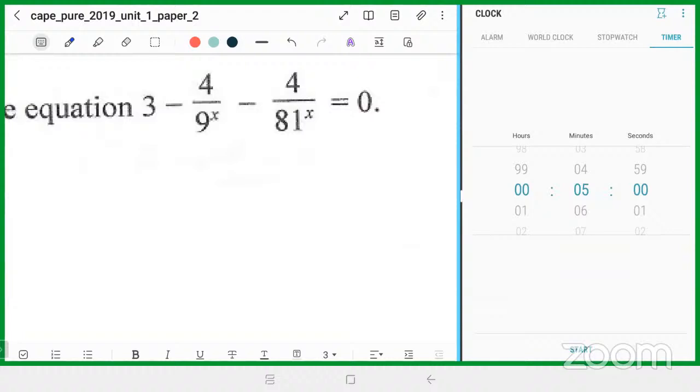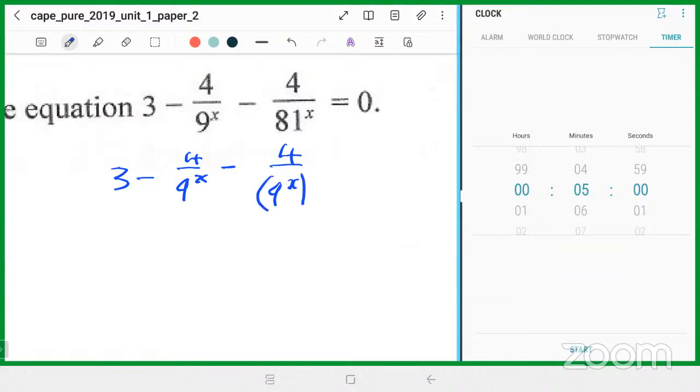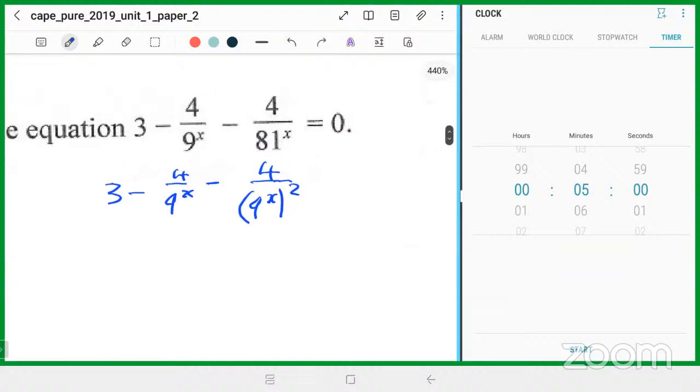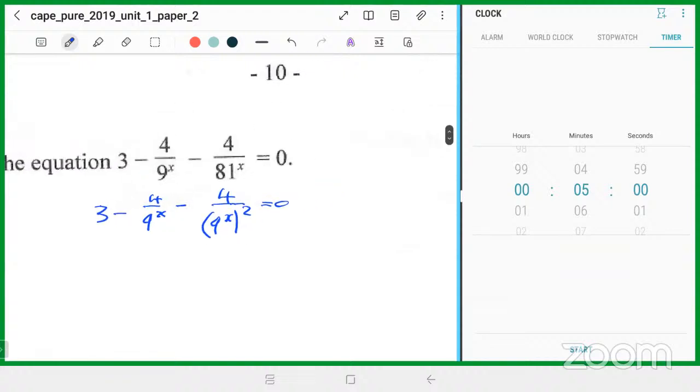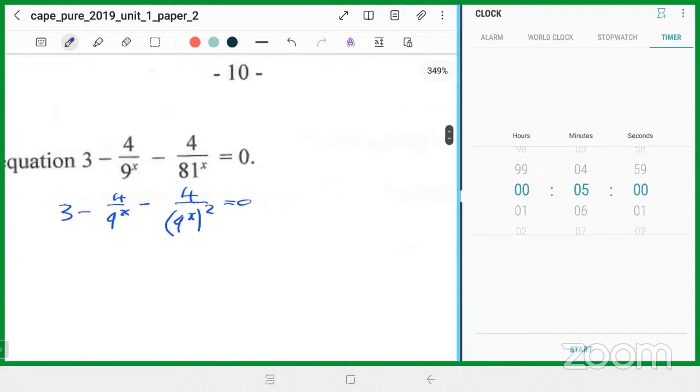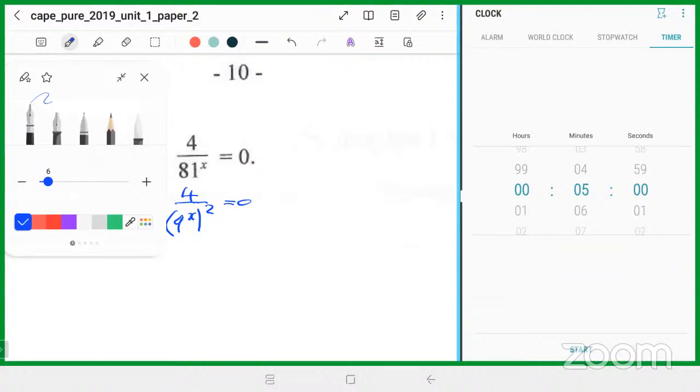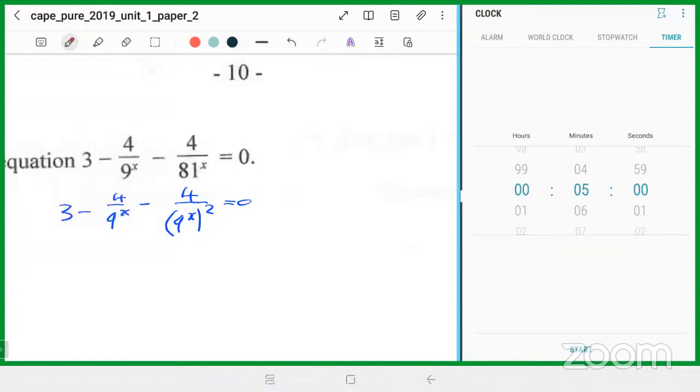I'm gonna write this as 3 minus 4 over 9 to the x minus 4 over 9 to the x squared equals 0. Anybody can say how I get from that to that? Yes, sir.